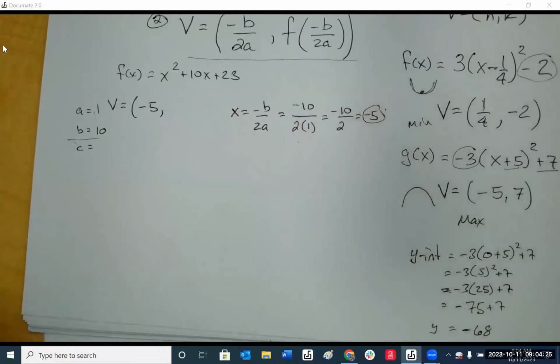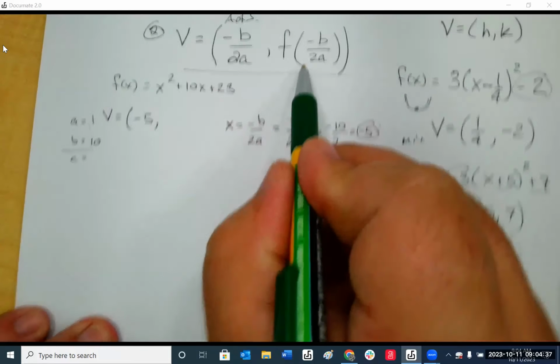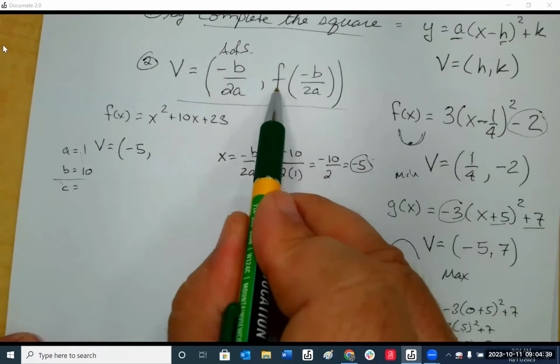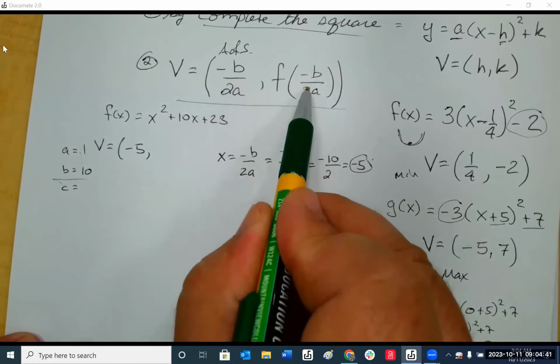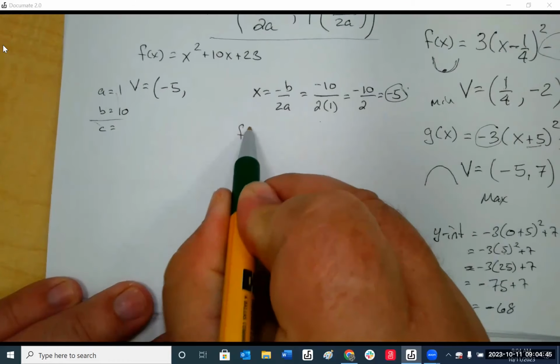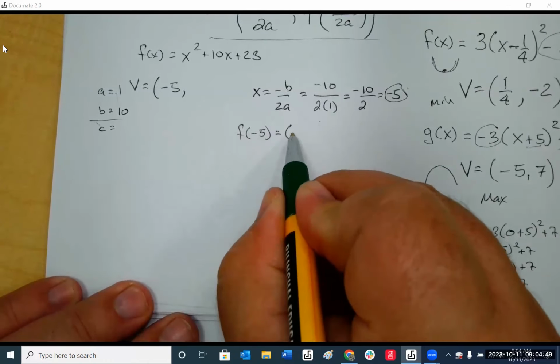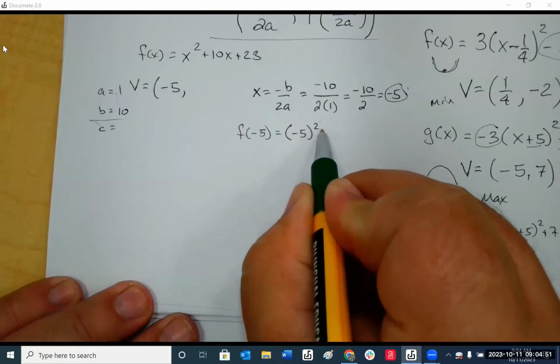So the x value is negative 5. What's the y value? To find the y value, remember, look at the formula. We have to put this answer inside the original equation, and that'll give us the y value. So we have to go through f of negative 5. Anywhere I see an x, put a negative 5.